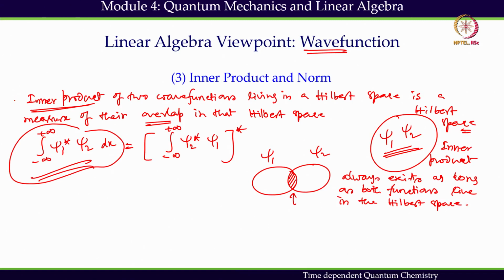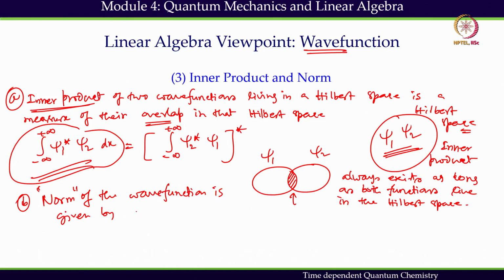This is inner product, and another property of the function is going to be the norm of the wave function, which is given by this integration from minus infinity to plus infinity psi star psi dx, to the power half.